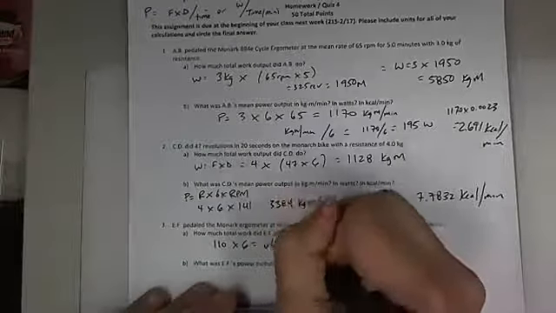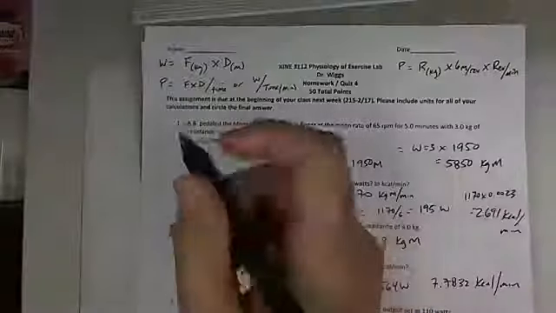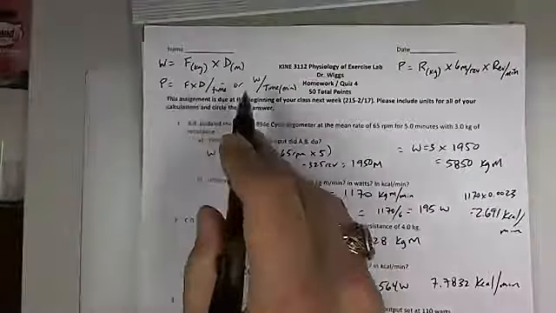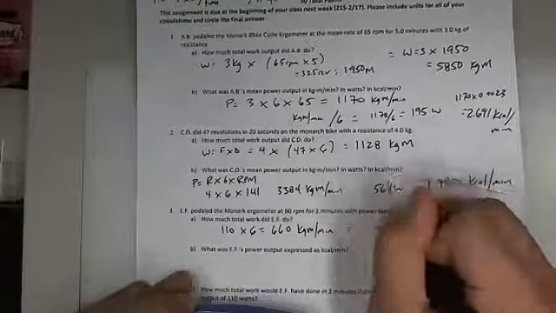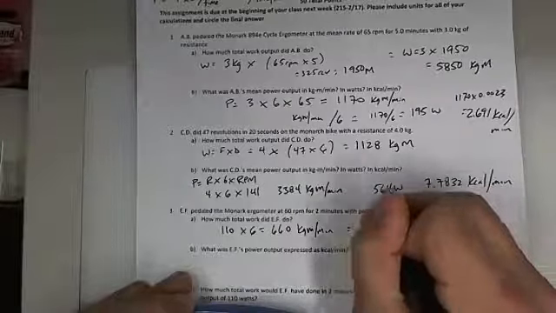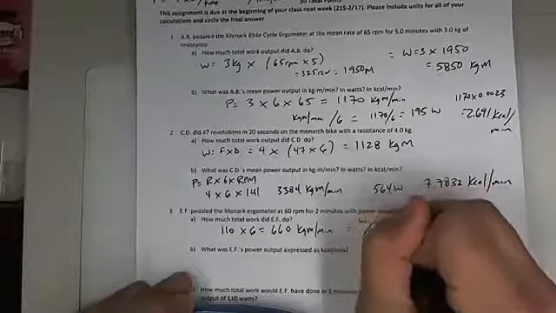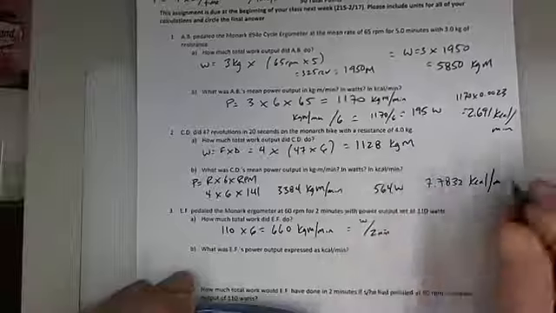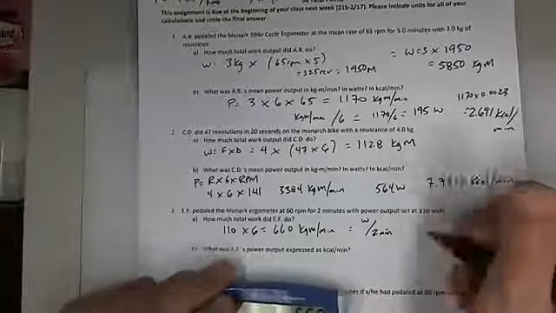So 110 watts times 6 gets us into kilogram meters per minute, which is 660 kilogram meters per minute, right? And then we can go back to our formula here, where power equals work divided by time, which we have here is 2 minutes, as you can see.